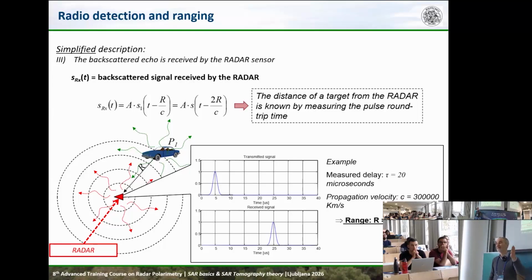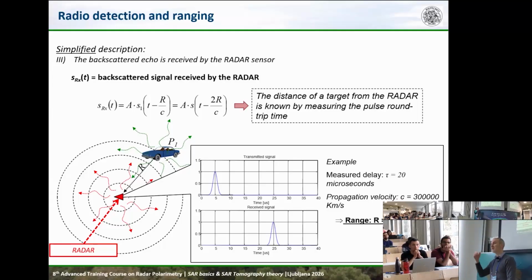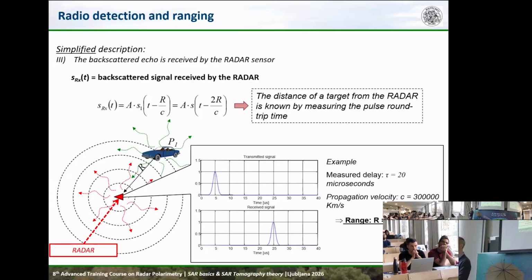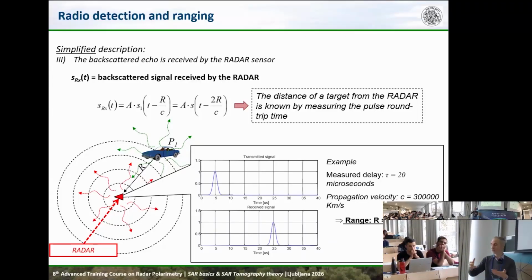So it's radio detection and ranging. Basically you send the signal, it is reflected, so at a certain point you are invested by a new wave, and you detect that there is something. And by measuring the time it took from transmission to reception, you can tell the distance of the object.